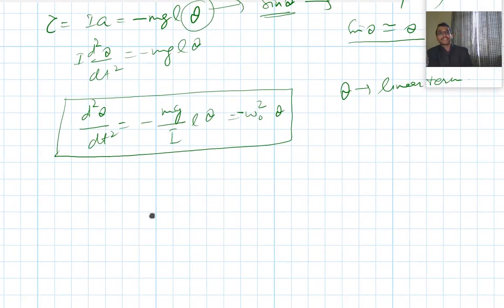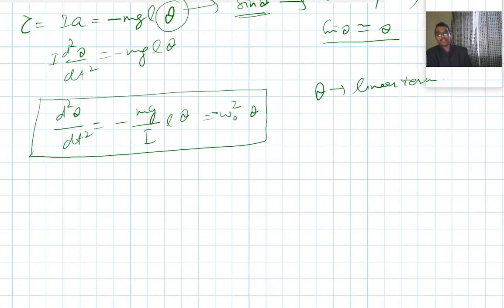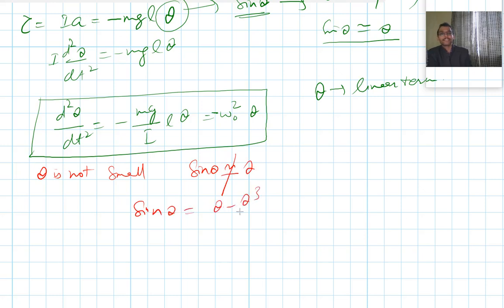But let us take a case when theta is not small. When theta is not small, that means sine theta is not nearly equal to theta, because sine theta can be written as theta minus theta cube over 3 factorial plus theta 5 over 5 factorial and so on.